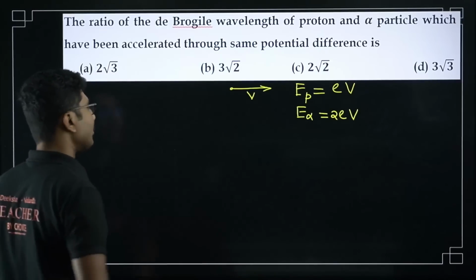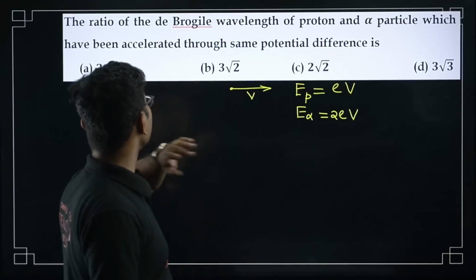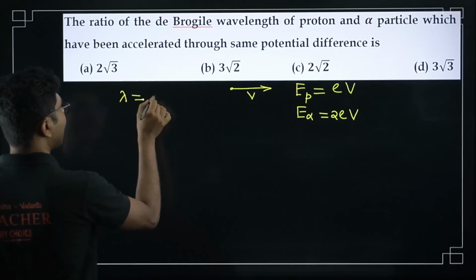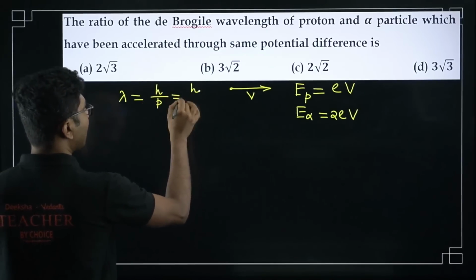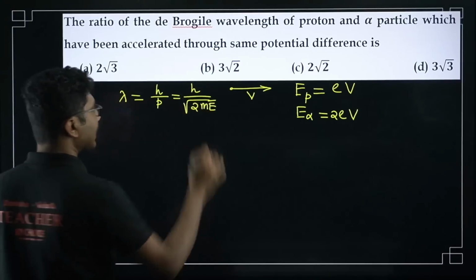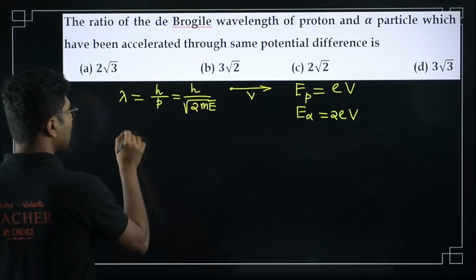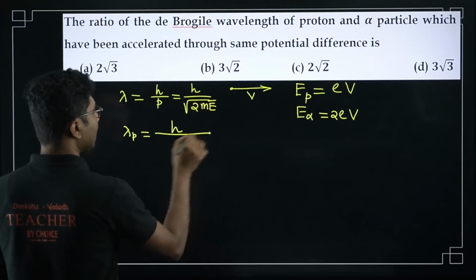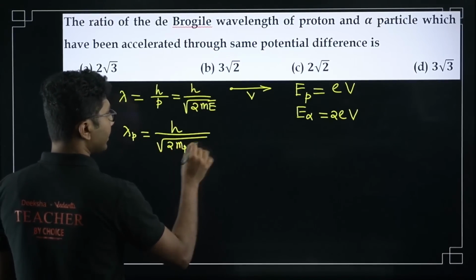Now why am I talking about kinetic energy when they have asked you about de Broglie wavelength? Because we know that de Broglie wavelength can be calculated as h by p or equals to h by square root of 2mE. E is the kinetic energy, right? P and E is related through this formula. So lambda proton will be equals to h by root of 2 into mass of the proton into its energy.